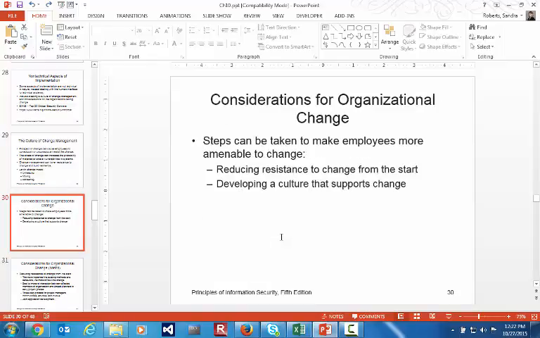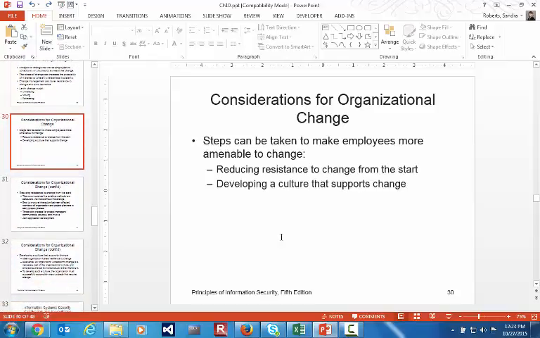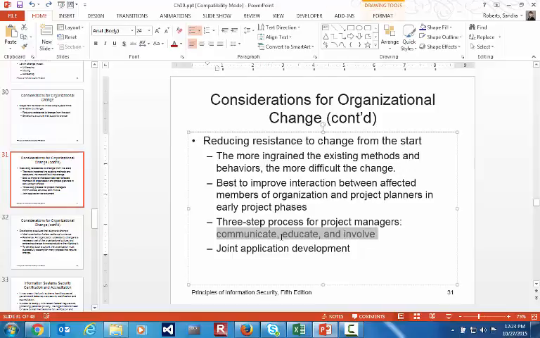Steps to make employees more apt to change, reduce that resistance, developing a culture that supports the change. A 3-step process: communicate, educate, and involve.